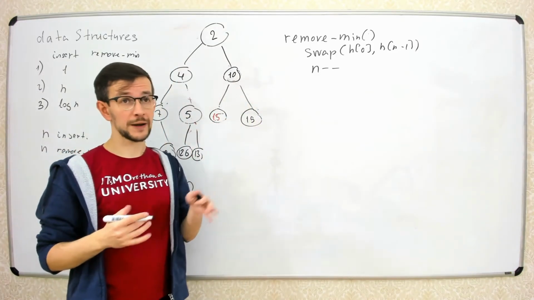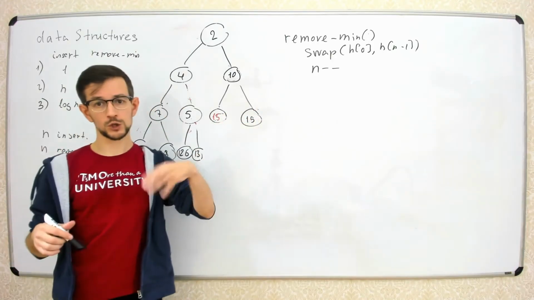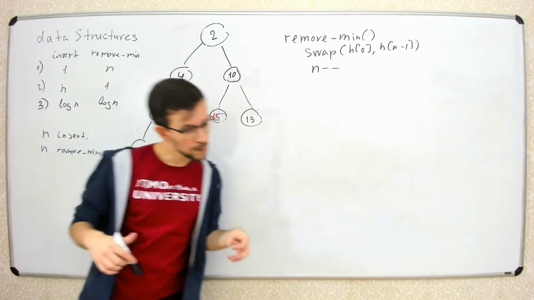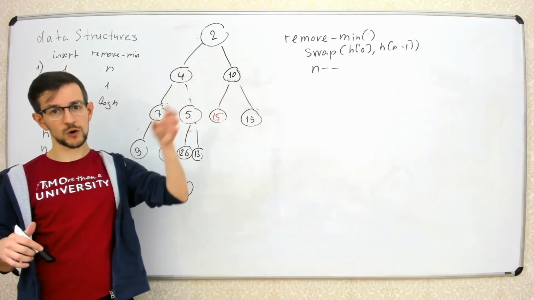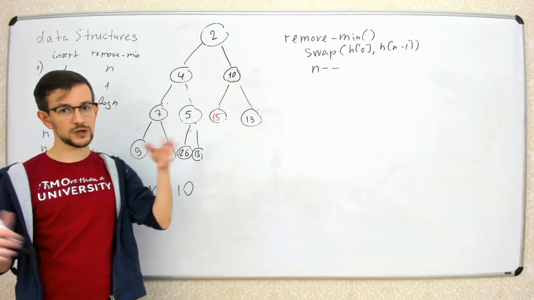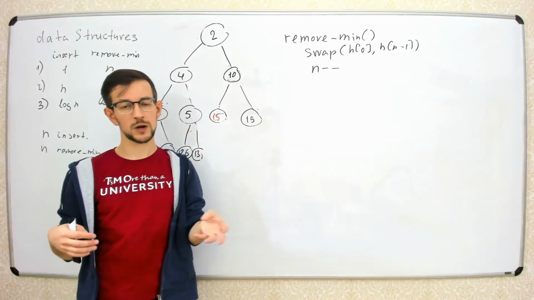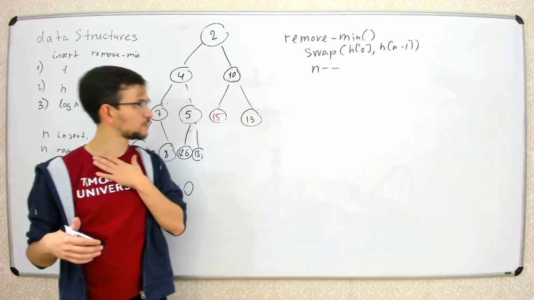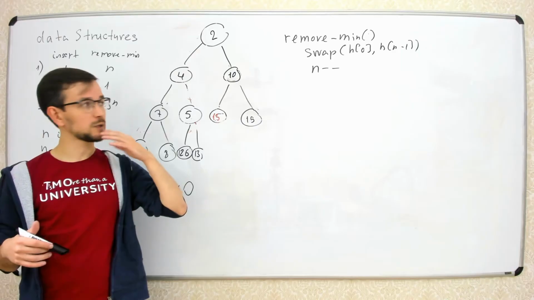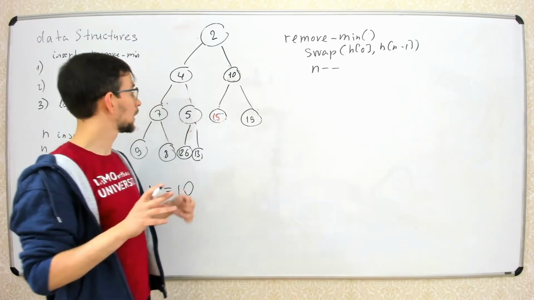That's a little bit more complicated than before, because in the previous operation, when we inserted an element, we only swapped with the parent, and we have only one parent. When we look at the children, we may have 0 children, we may have 1 child, we may have 2 children. So the code will be a little bit more complicated, but I'll try to make it as simple as possible.